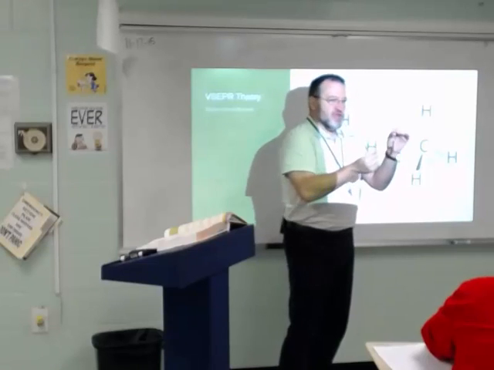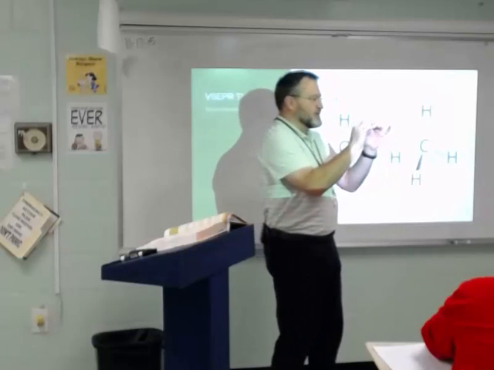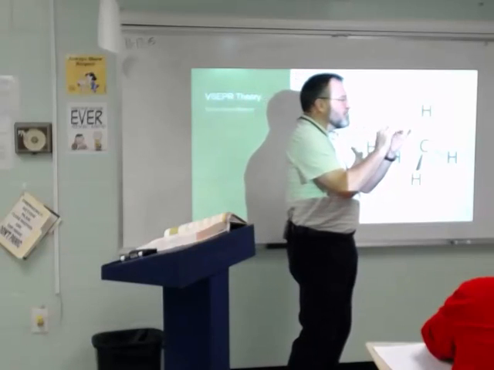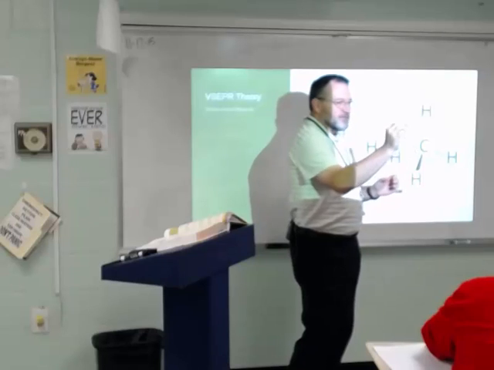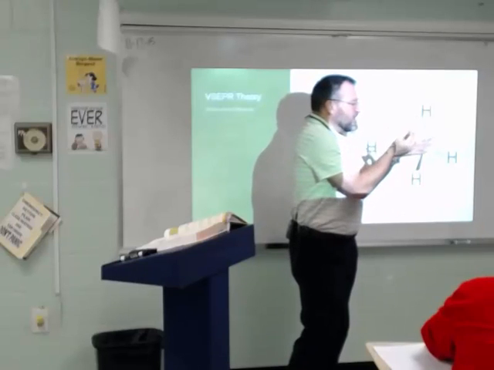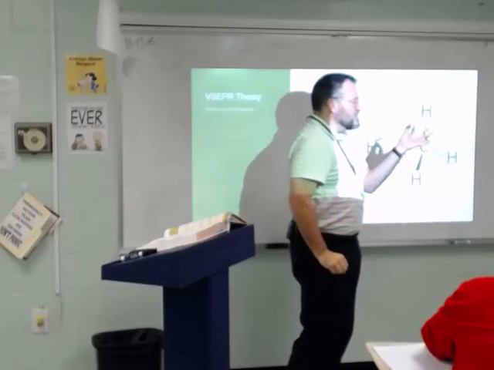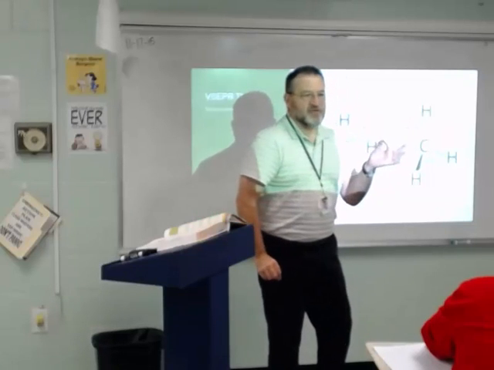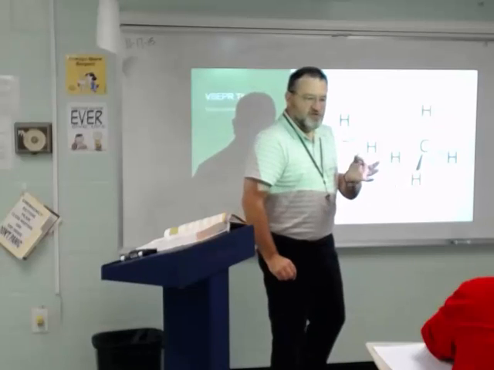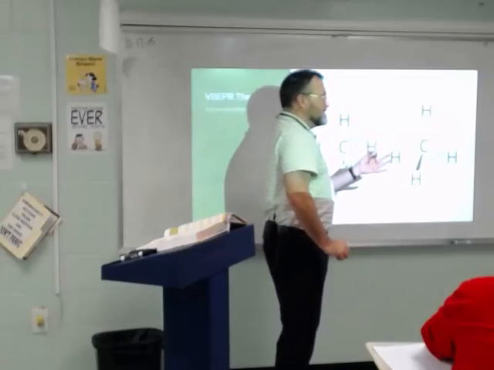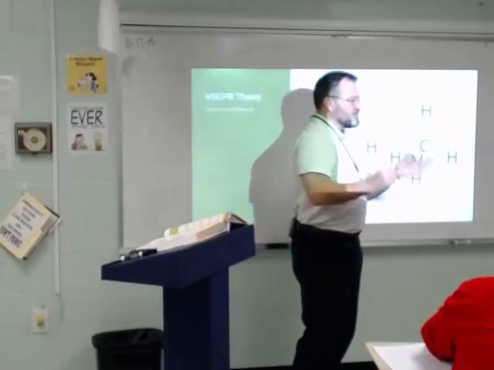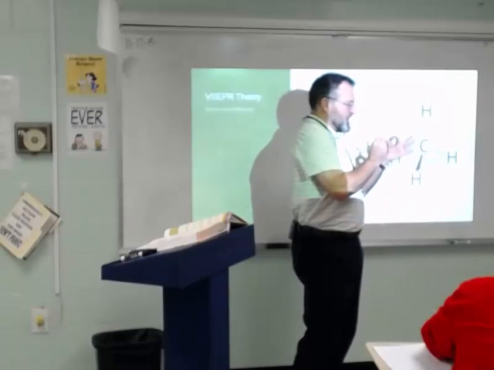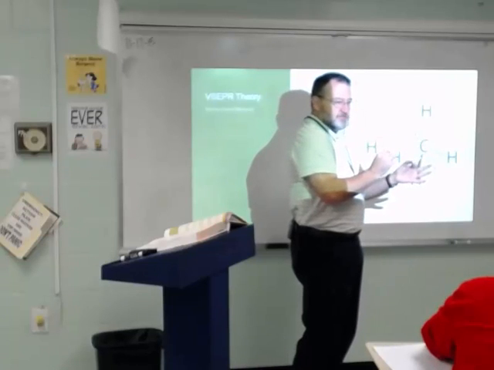This is what it looks like when those 4 connected points move as far apart from one another as they can get. If any one of these legs were to be shifted in any direction, it would no longer be as far away from every other point as it can possibly be. And the forces would cause it to go back to a position of 109 degrees because that is as far as it can be without getting closer to something else. All right?